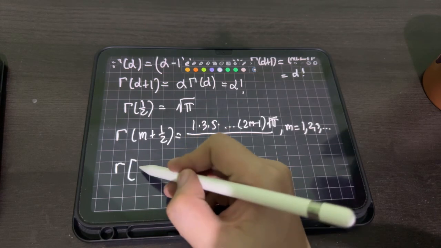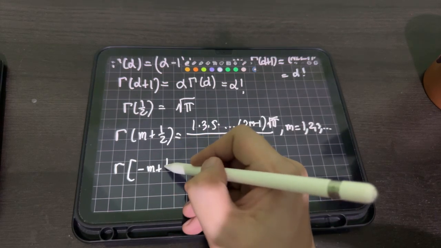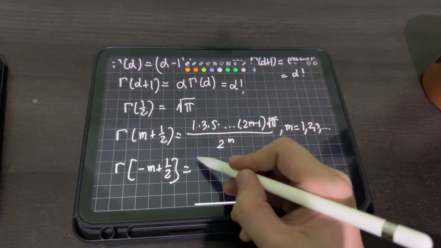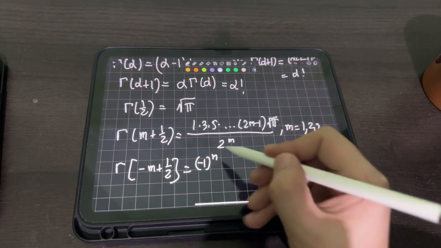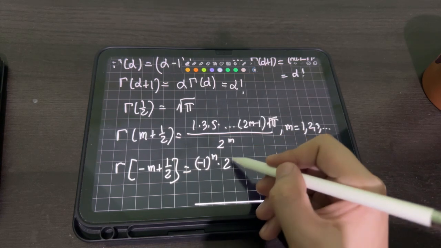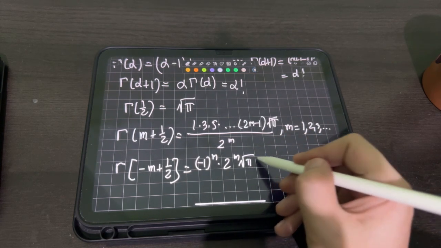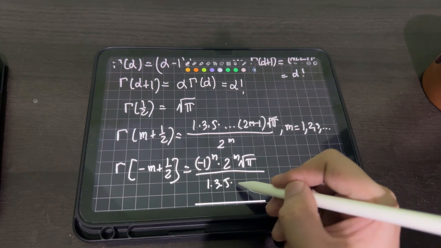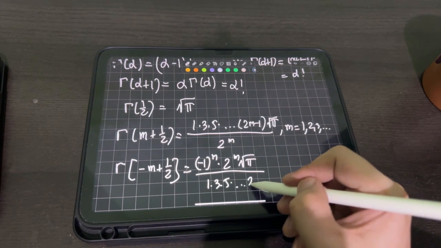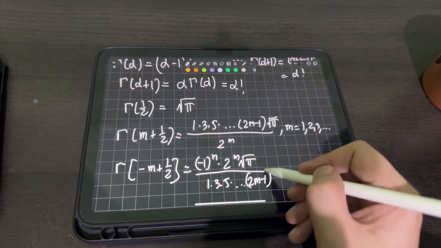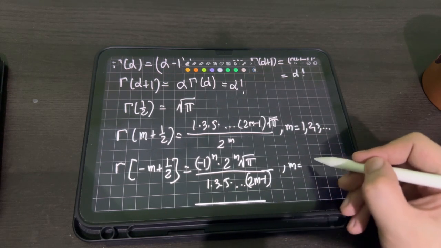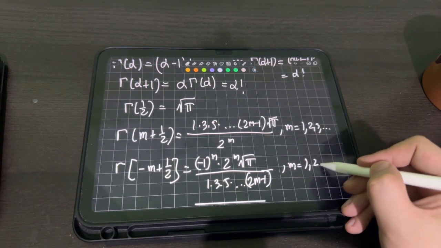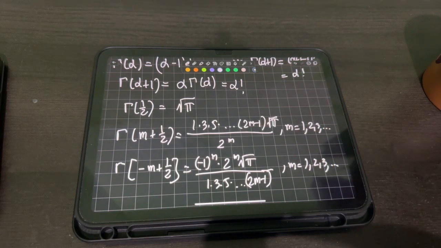Also, the gamma of negative m plus 1 half is equal to negative 1 to the m times 2 to the m square root of pi over 1 times 3 times 5 times dot dot dot until 2m minus 1, where m is also integers such as 1, 2, 3, and so on.